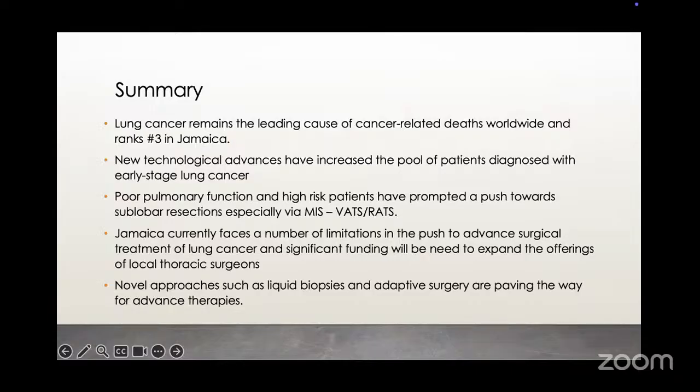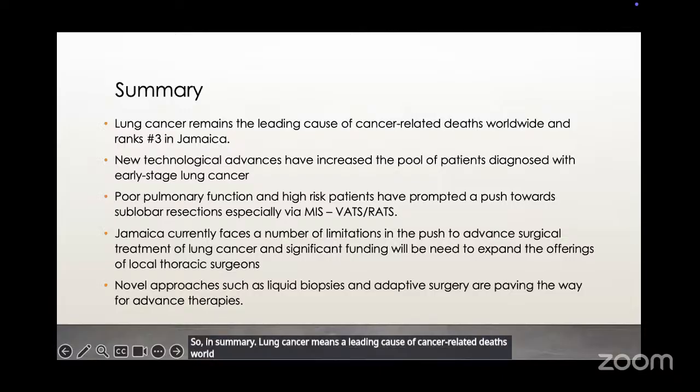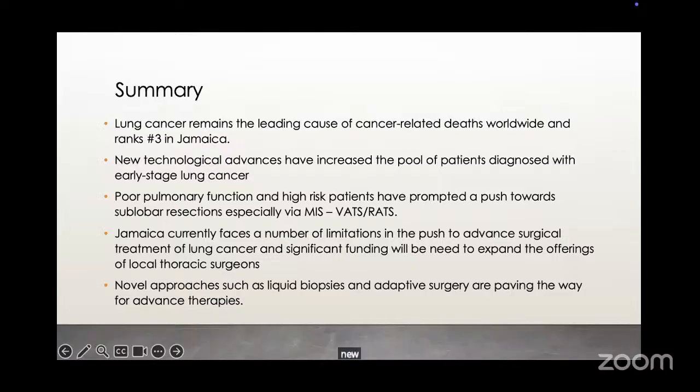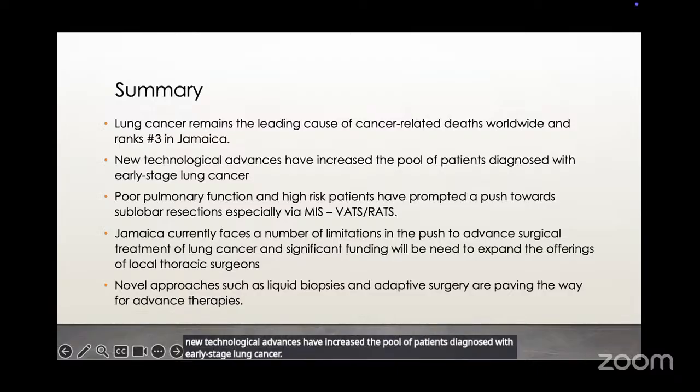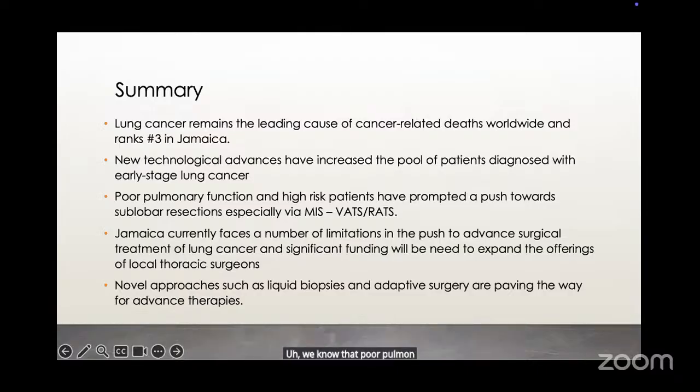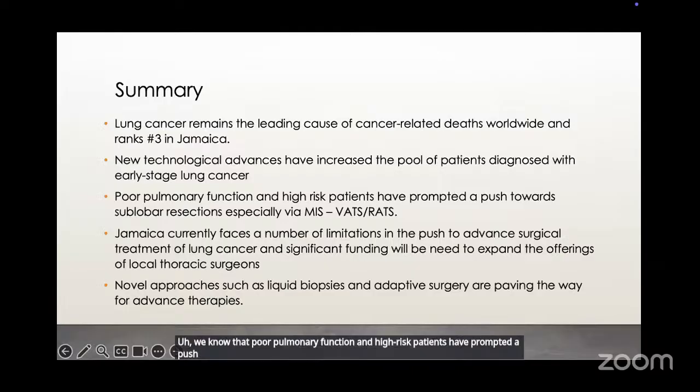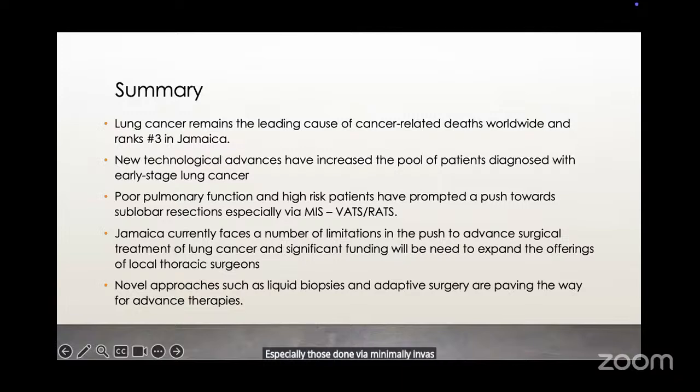So, in summary, lung cancer remains the leading cause of cancer-related deaths worldwide and ranks number 3 in Jamaica. New technological advances have increased the pool of patients diagnosed with early-stage lung cancer. We note that poor pulmonary function and high-risk patients have prompted a push towards sublobar resections, especially those done via minimally invasive strategies such as VATS and RATS, in terms of video-assisted and robotic-assisted thoracoscopic surgery.